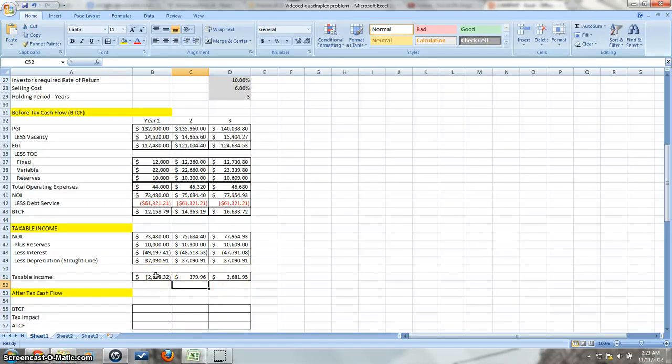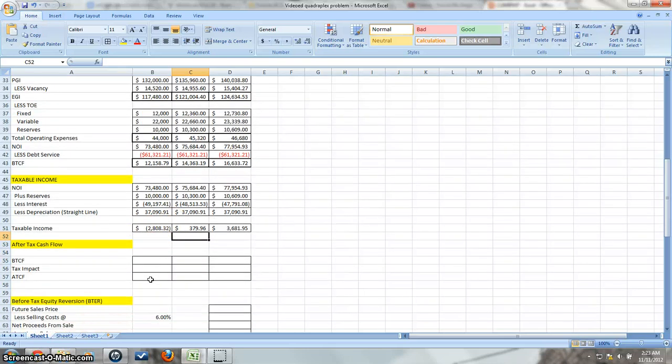One thing that's a little bit questionable, you can see here that the taxable income is actually negative, which basically is going to mean that you're not really going to be able to tax them at all. They're not going to have any sort of income that they're going to be taxed on.